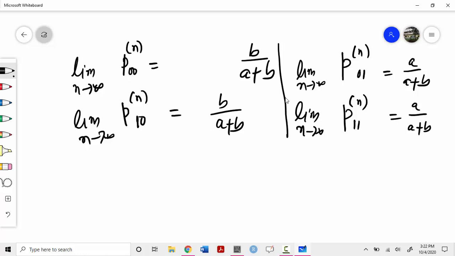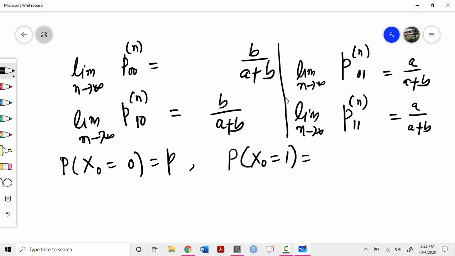Now if the initial distributions are given, probability X0 equal to 0 equal to p, and probability X0 equal to 1 equal to 1 minus p, that is equal to q, such that p plus q equal to 1.